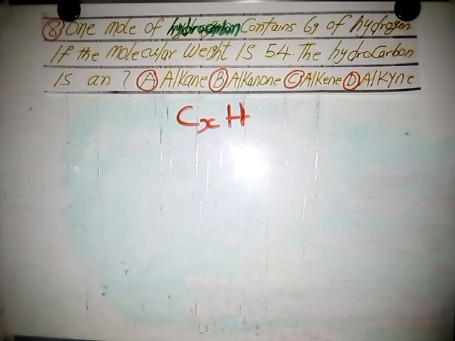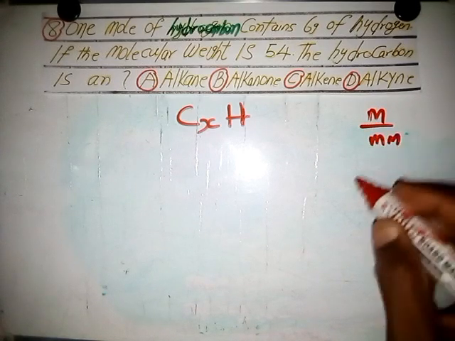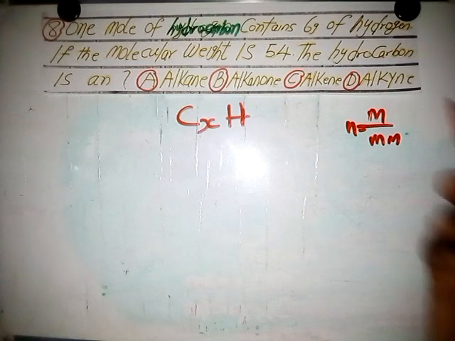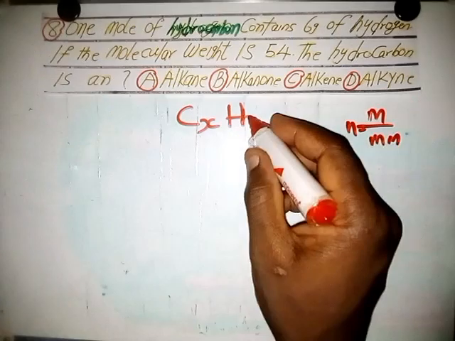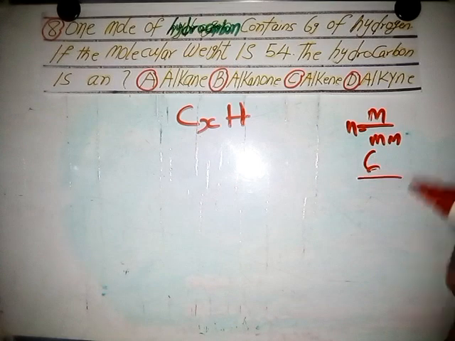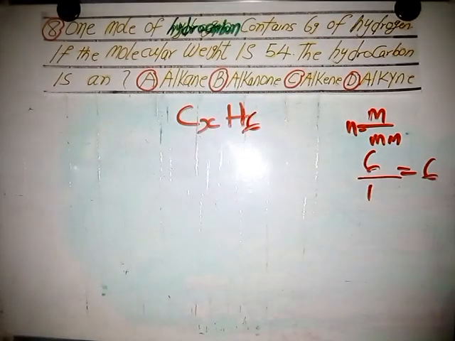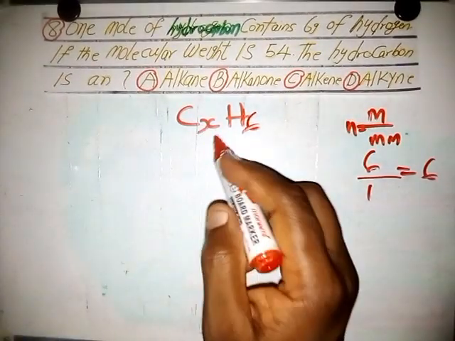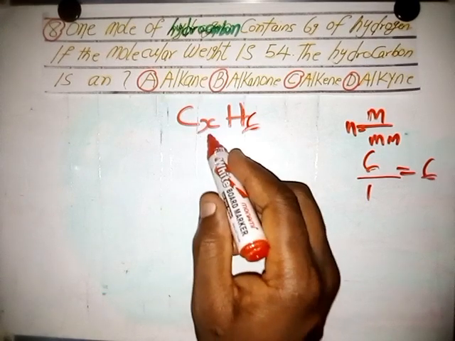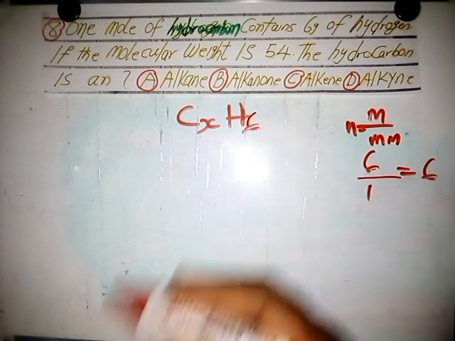So you know that amount in mole is mass over molar mass. We're given hydrogen, so the amount in mole for hydrogen will be 6 over 1, so at the end of the day, you are getting 6. We don't know C. That's why I call it x. We're given H6.